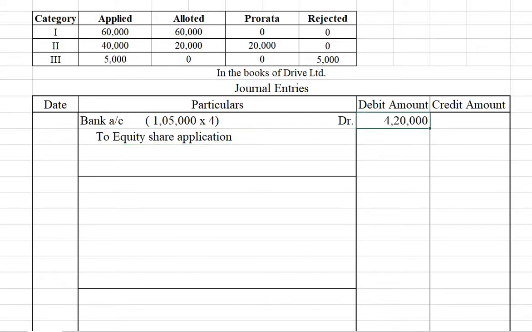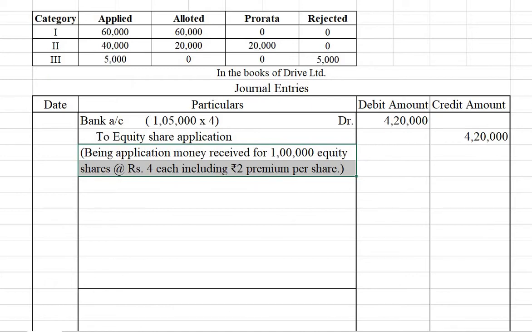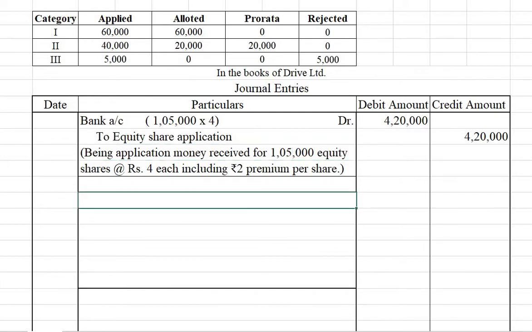So 1,05,000 into 4, 4,20,000 rupees. Okay, now let us write the narration. Being application money received for 1,05,000 equity shares of rupees 4 each.